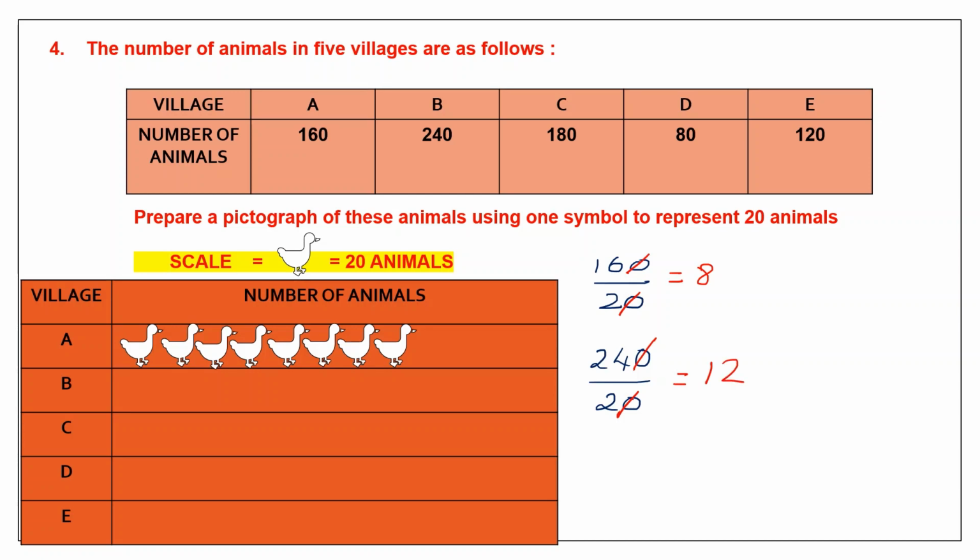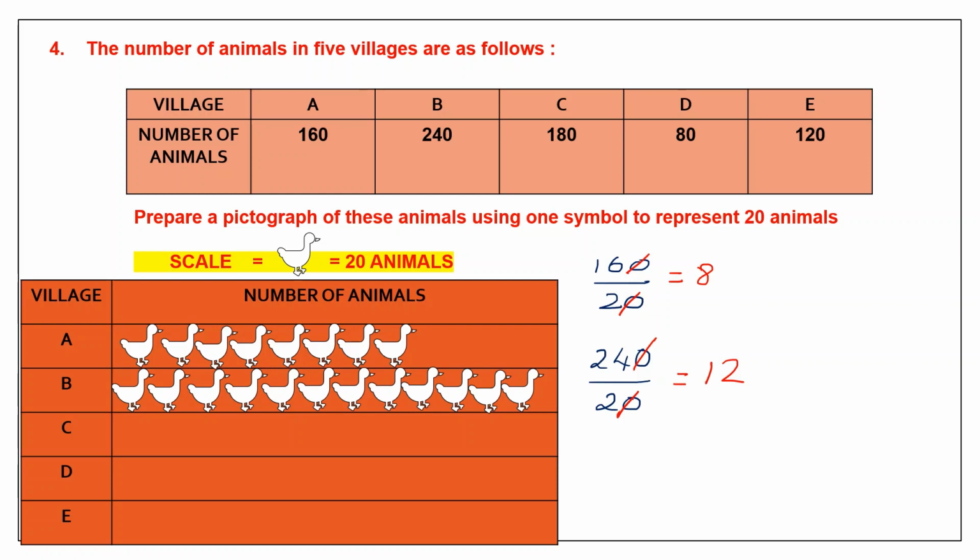So we have to draw 12 animals. 1, 2, 3, 4, 5, 6, 7, 8, 9, 10, 11 and 12. So we've got 12 animals shown here. So this is showing the number of animals in village B.